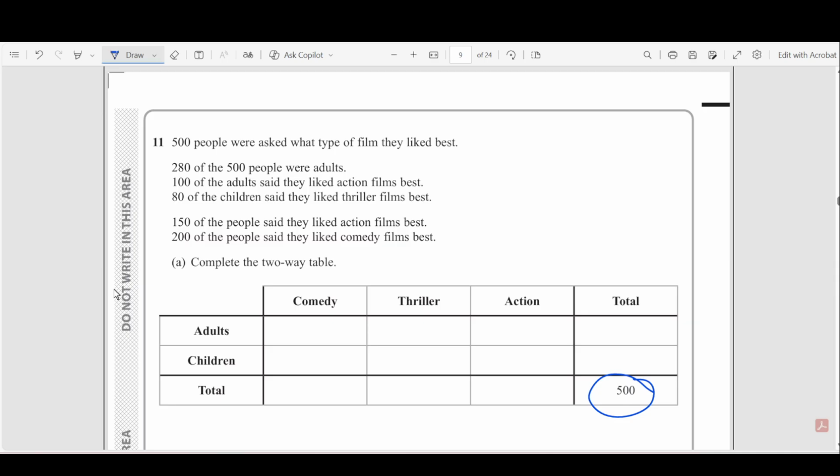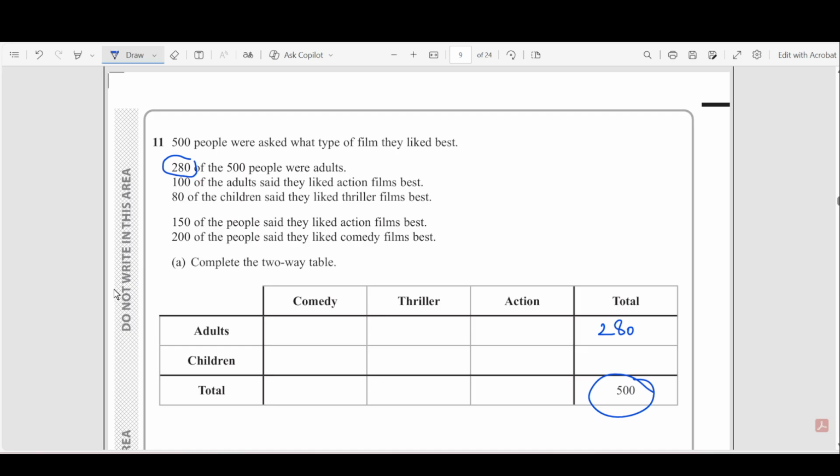Now if you see adults, how many adults are there? 280 of the 500 were adults, right? So here the adults total is 280. And then children 100. Children total is not given. So first we did this.